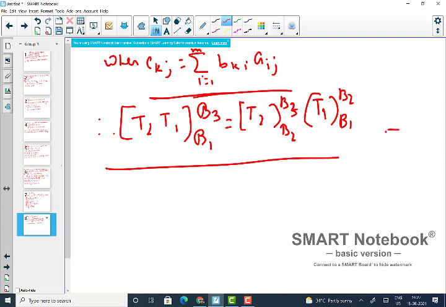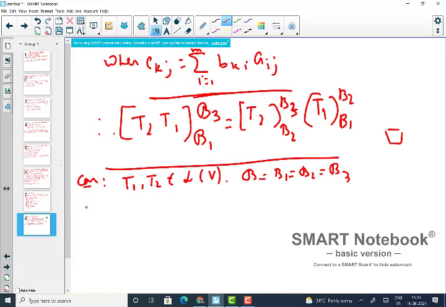Okay, so this is the theorem that tells you that composition exactly satisfies matrix multiplication. This theorem, in particular, you can say is a corollary: if T1, T2 are elements of L(V), then there will be no B1, B2, B3, there will be only one basis B, the same basis.